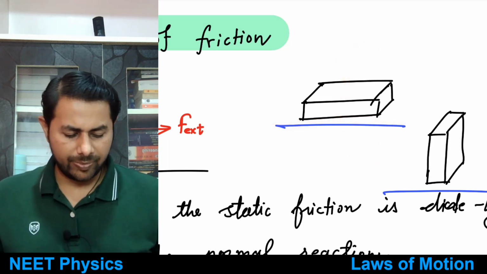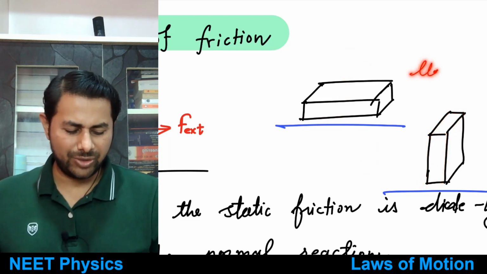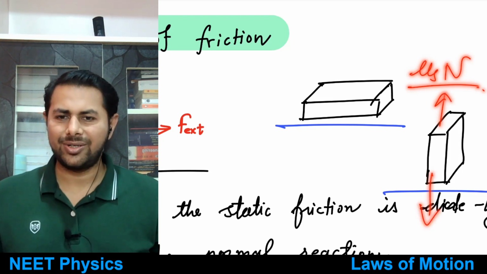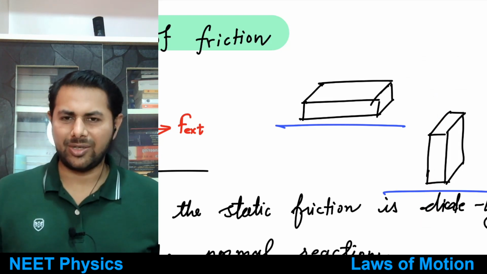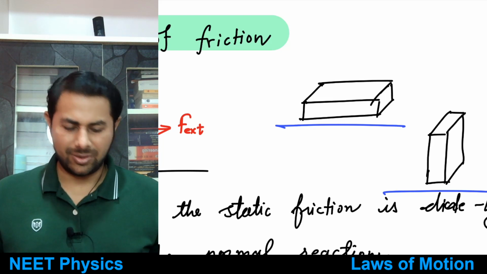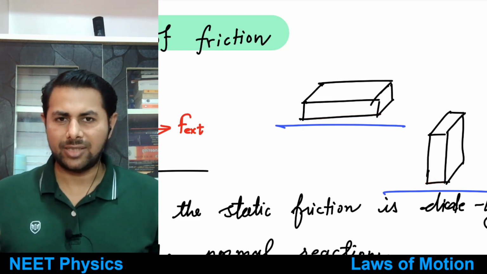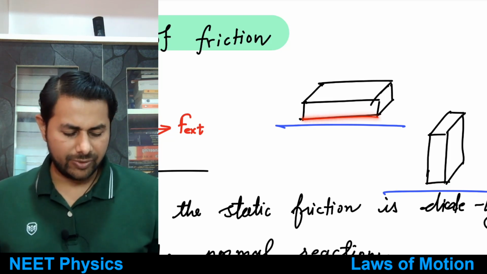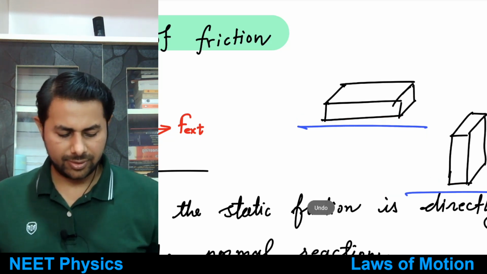Now you keep it like this, so what will be the static frictional force? It is mu s multiplied by normal reaction, and normal reaction in this case is also equal to the weight. So the maximum value of friction is equal in both cases. In the first case the area of contact is more, in the second case it is less, but the frictional force is equal in both cases. Is this clear?